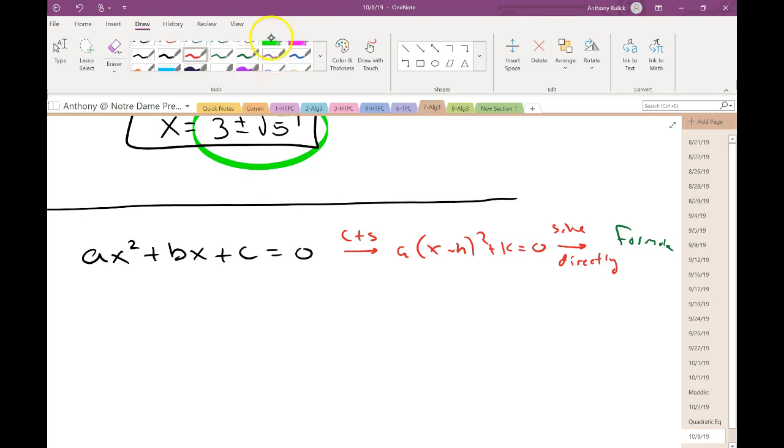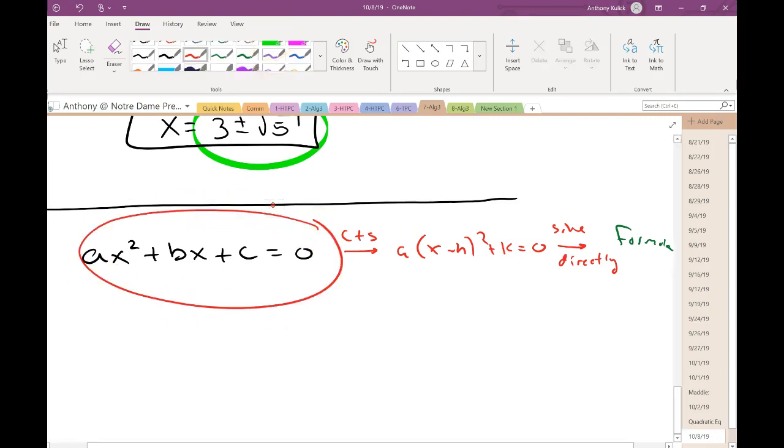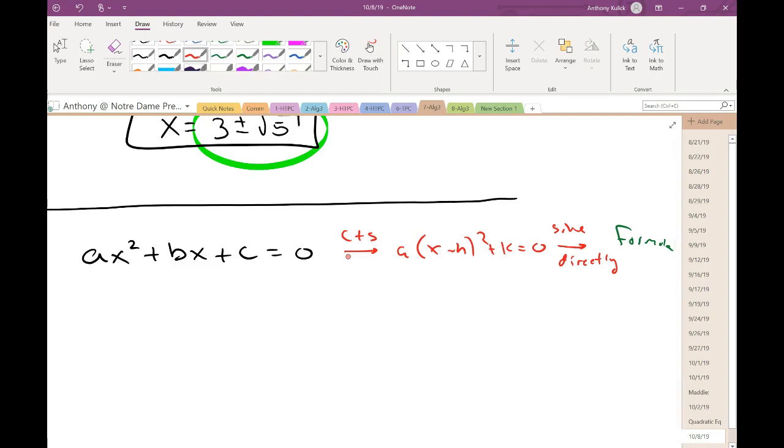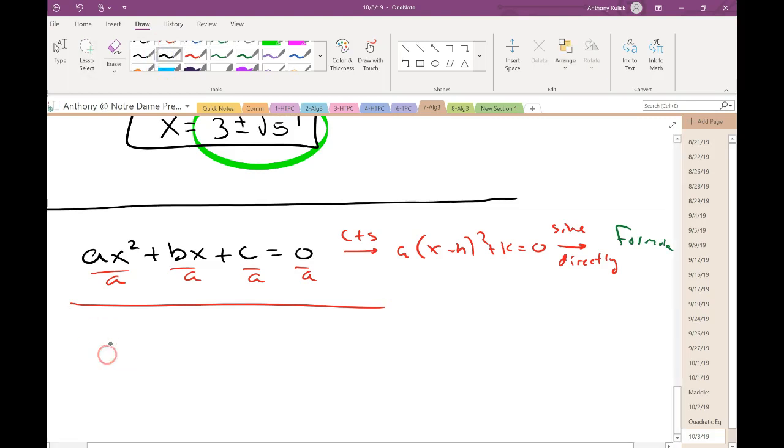All right. So first things first, I want to do completing the square on ax squared plus bx plus c. The first step in completing the square is make the leading coefficient 1. How am I going to make that leading coefficient 1? Divide both sides by a, right? That's going to give me x squared plus b over a x plus c over a equals 0.